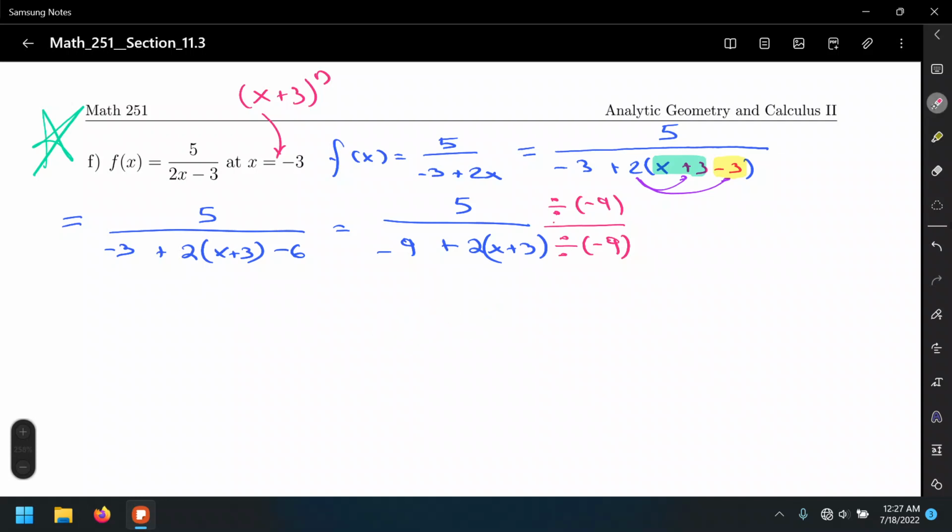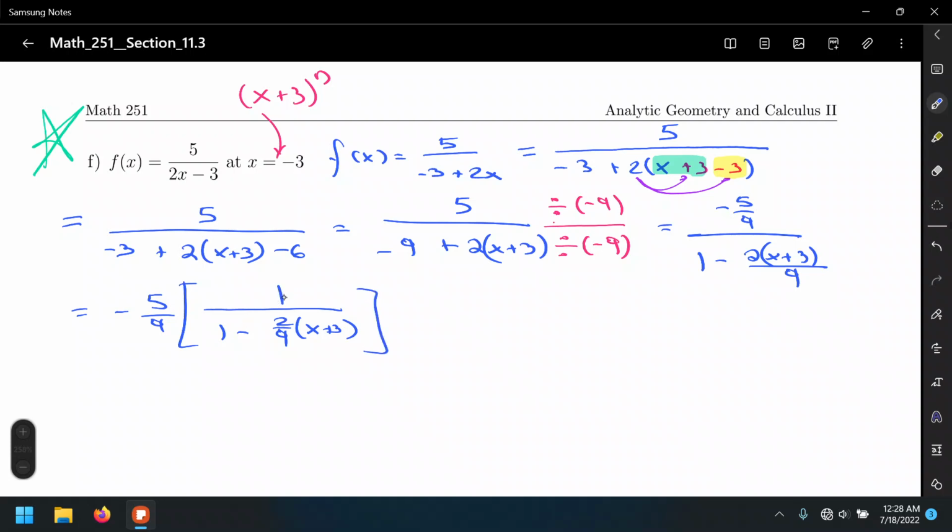Alright, so let's go ahead and do that. So that's going to be 5 over negative 9, that's negative 5 over 9. And that's negative 9 over negative 9, that's going to be the 1 minus 2 times (x plus 3) over 9. And well, I'm going to factor out this negative 5 over 9 and write this as 1 minus 2/9 times (x plus 3).